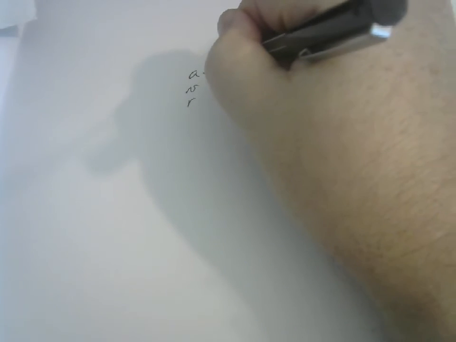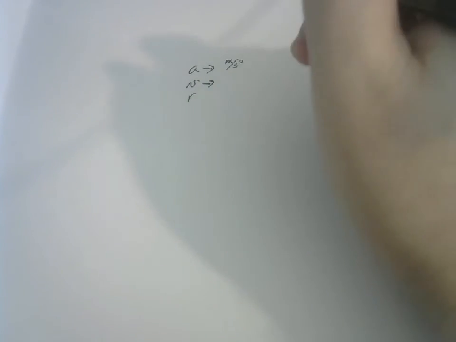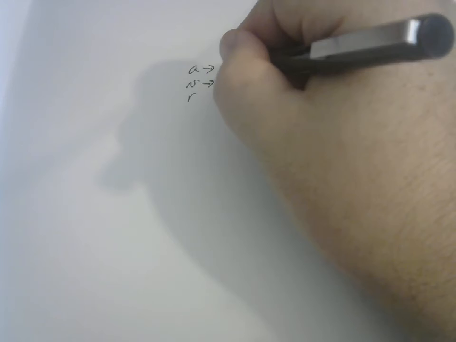A is in, let's just write meters per second squared. We'll go ahead and use the SI units for the moment. That might not be what they do in the textbook, but we'll use that for now. Velocity is in meters per second, and radius is in meters. So how do we put these together in an equation to get everything to cancel out?